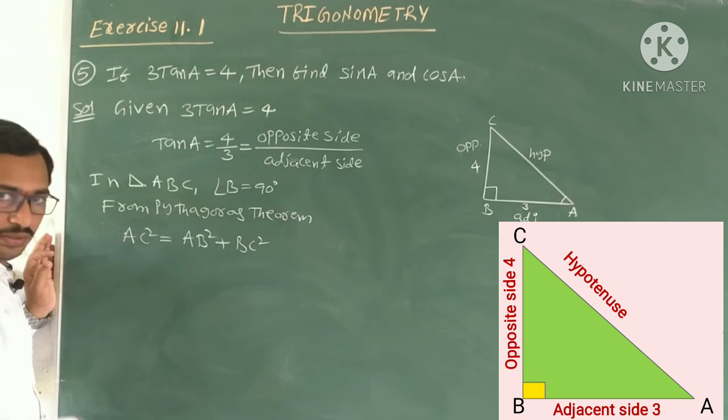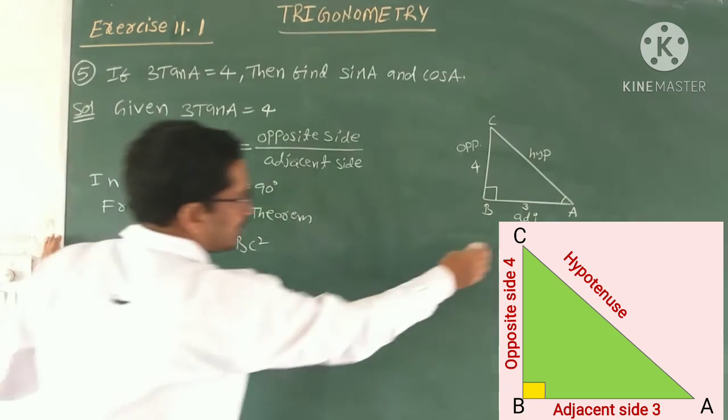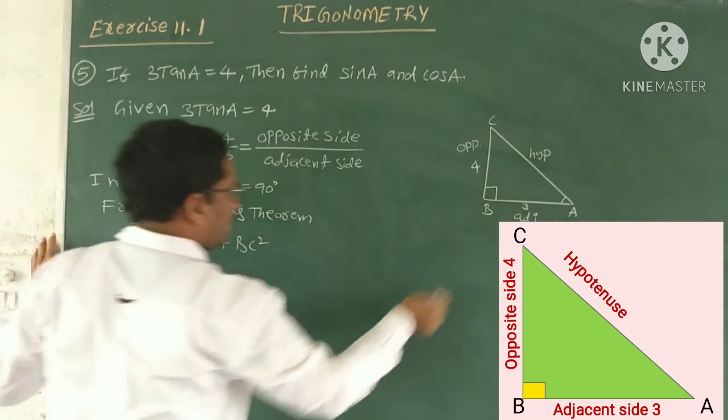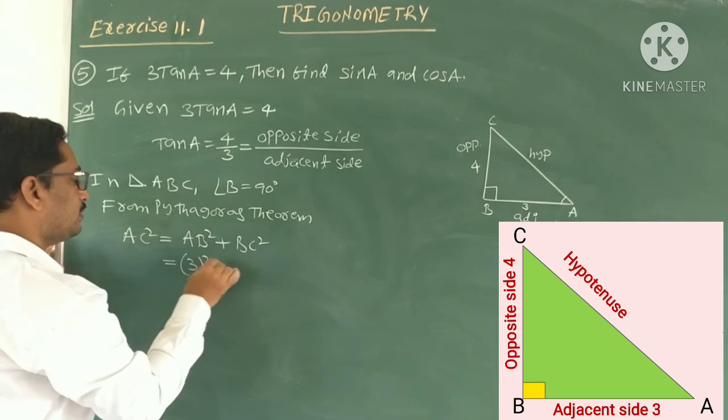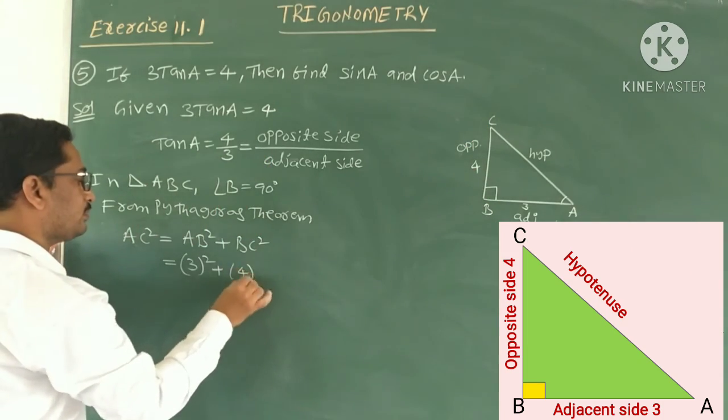We need to find the value of AC. So put AC square as it is. AB is given 3, so 3 square plus BC, BC is given 4, 4 square.